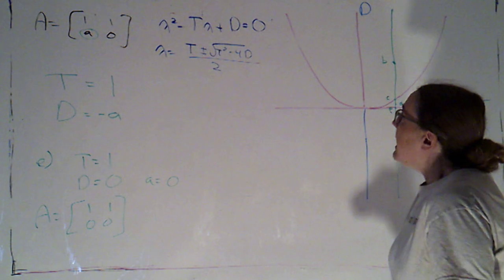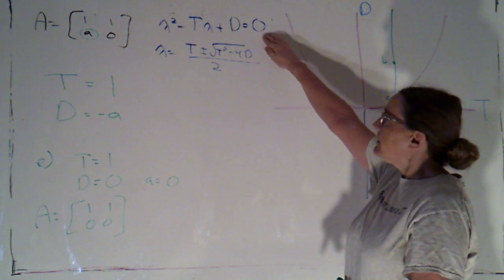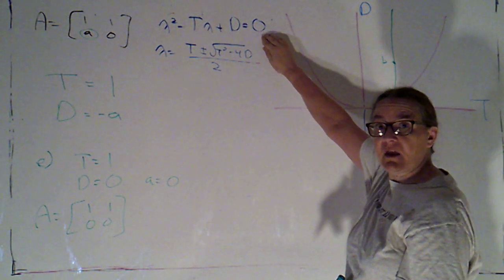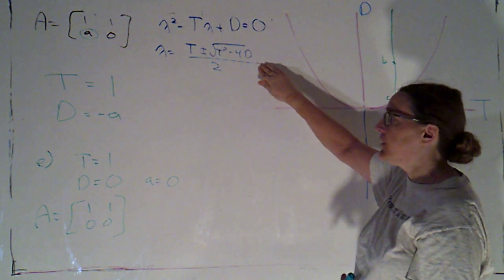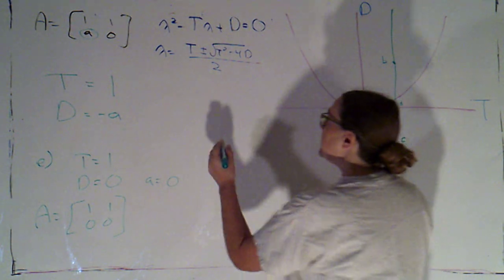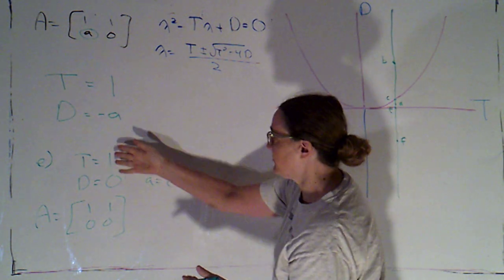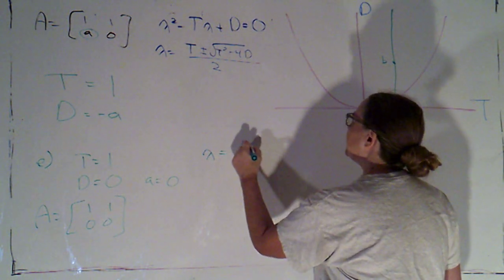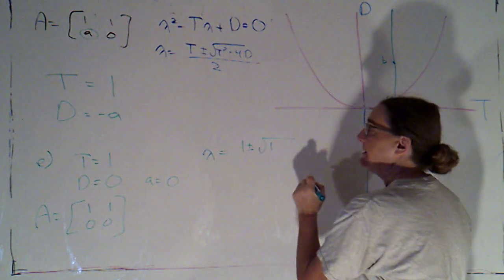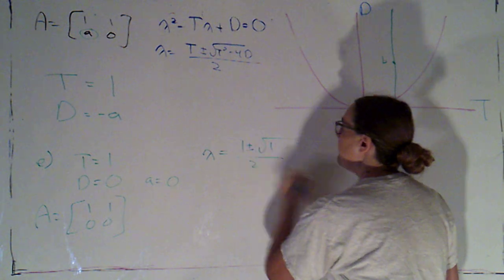Now, I've written up here the general characteristic equation that we get in terms of the trace and determinant, and then just use the quadratic formula to solve for the roots. So in this case, I don't even need to know what the matrix is. I can just plug in T and D. Lambda is going to be 1 plus or minus the square root of 1 minus 0, over 2.